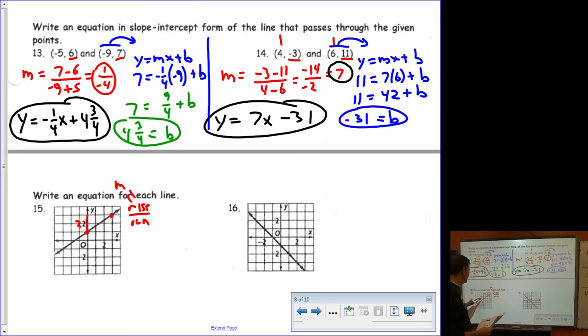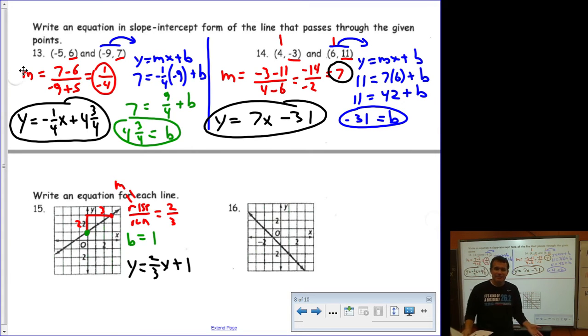The rise is 2, the run is 3, so the slope is 2/3. The y-intercept, I can just look at the graph and see it's right here at 1. The y-intercept is 1. So my equation would be y equals 2/3 x plus 1.